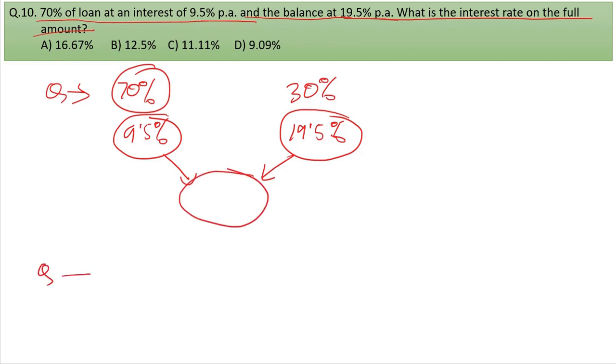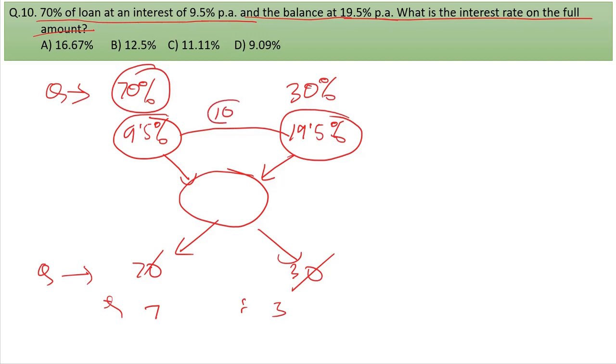So we have quantity ratio 70 is to 30. Let us cancel 0 0, that is 7 is to 3. Now as I have told you, let us check the difference here. Here the difference is 19.5 minus 9.5, we have 10 units here.